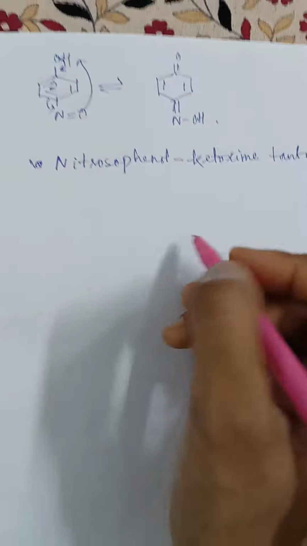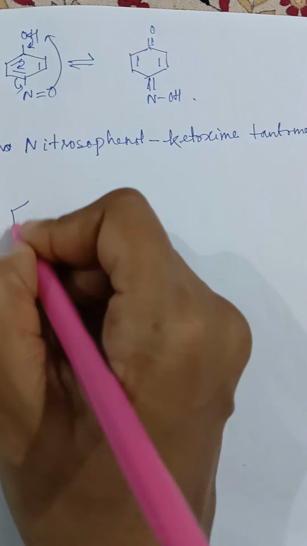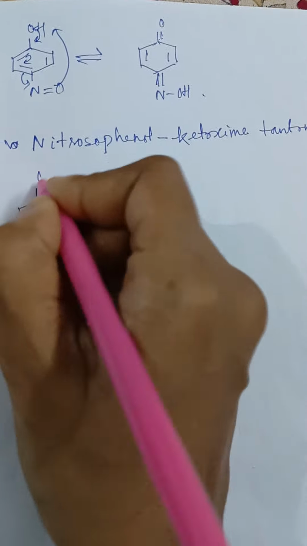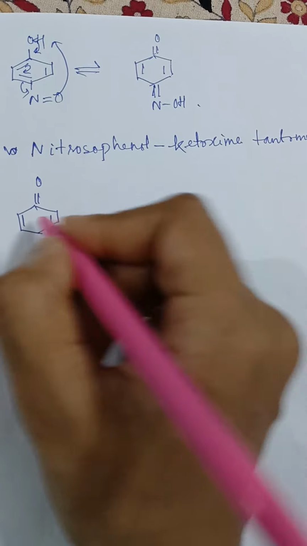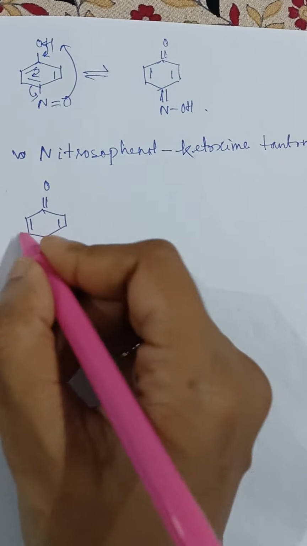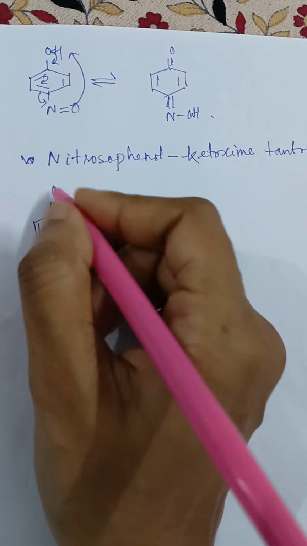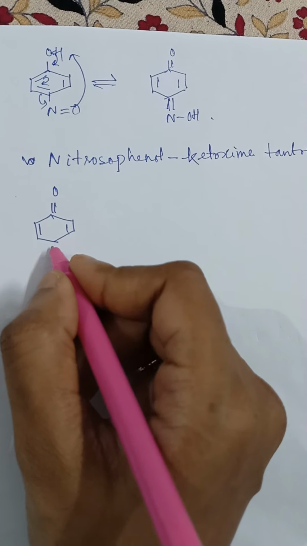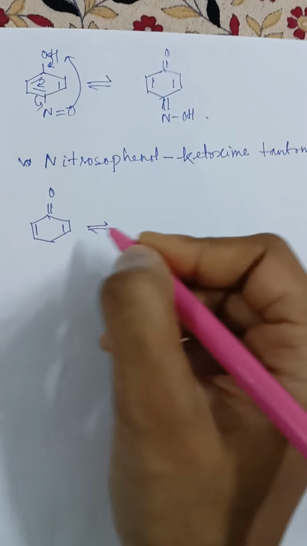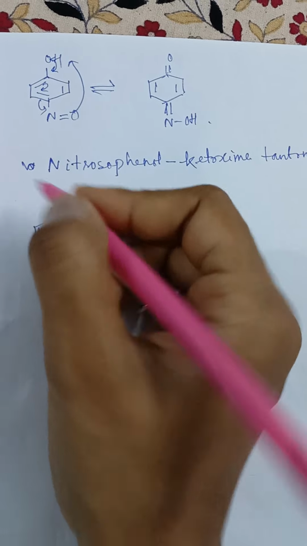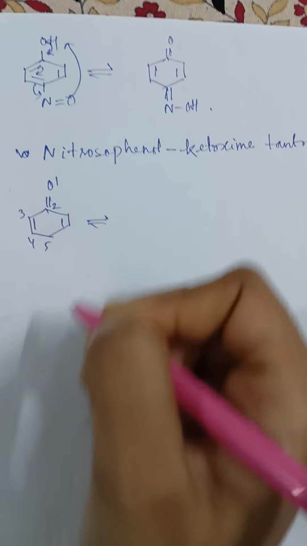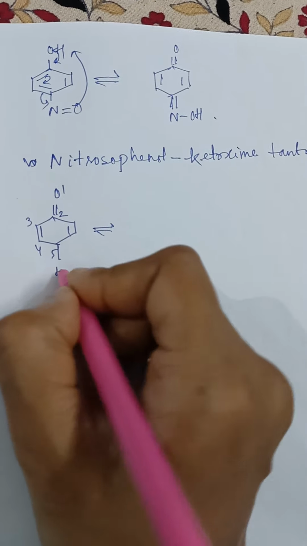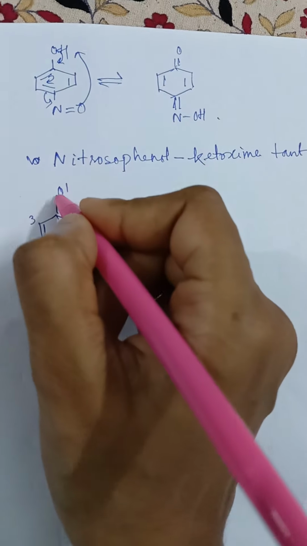Okay. Now the next one, it's a very common example. So this is diene and this is a ketone. So this is known as dienone. Now what happens here? Now if you number 1, 2, 3, 4, 5. Okay, so it has 2 hydrogens. I am showing only 1 hydrogen.